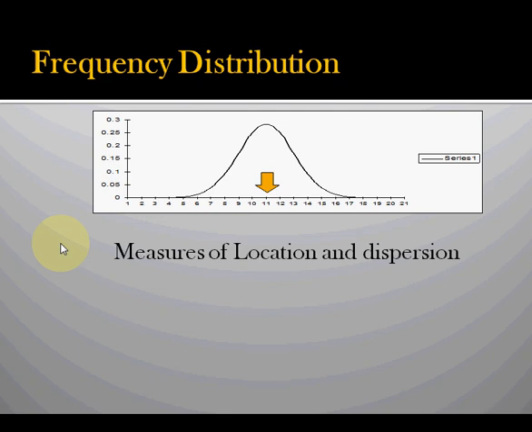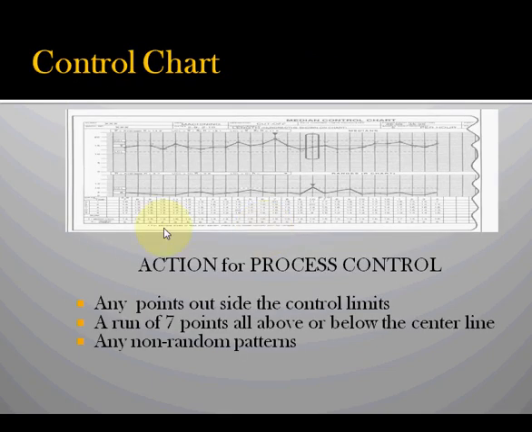Another thing we could do is we could gather numerical data to see how the part or the process is moving, and we can look for the center, the target, or we can look at the actual spread of the data. A typical tool we use for that are control charts.